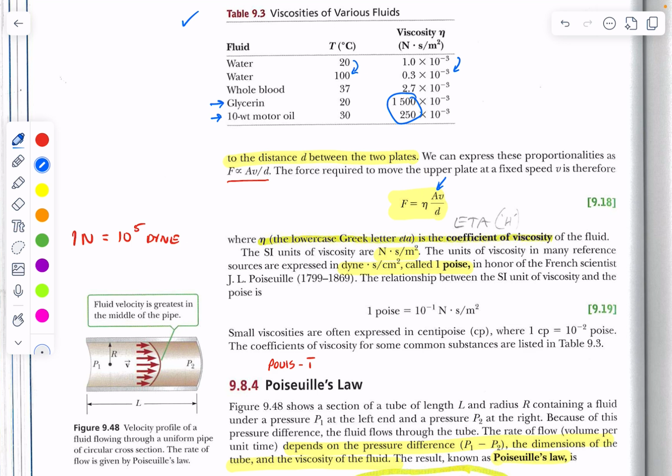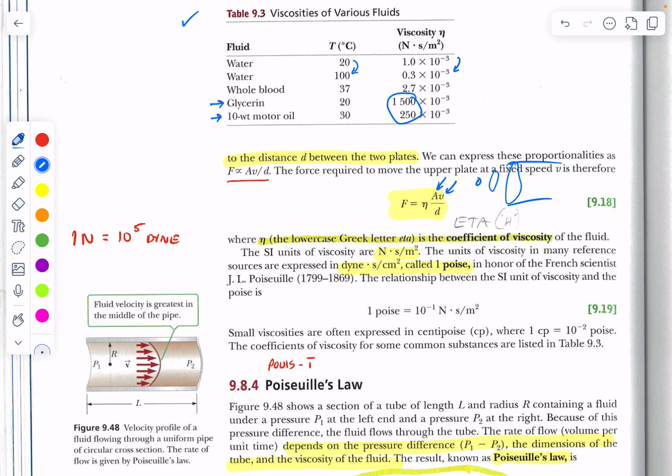Obviously, the bigger the diameter, the easier it's going to be for the fluid to go through that tube, and therefore the force is proportional to the area. You also would expect that the greater the force, the faster the fluid is going to go through the tube. That's the velocity.